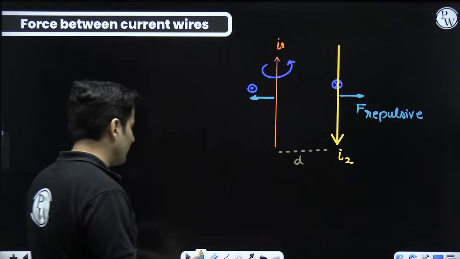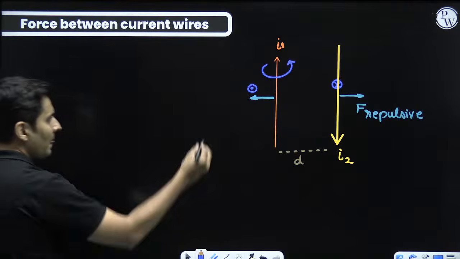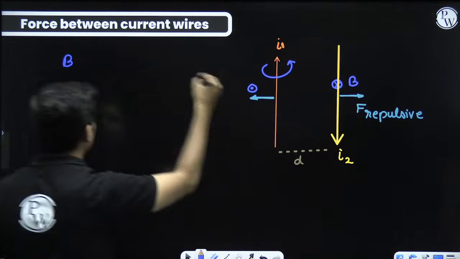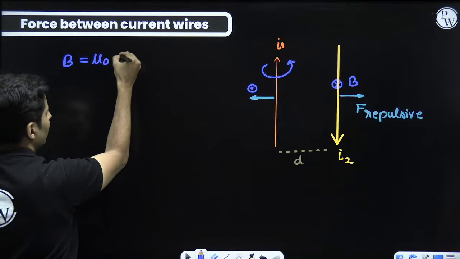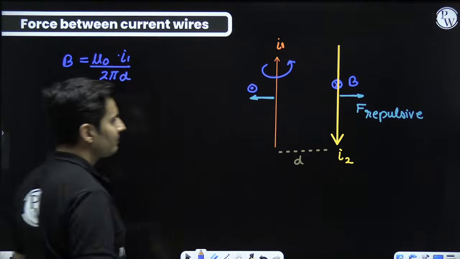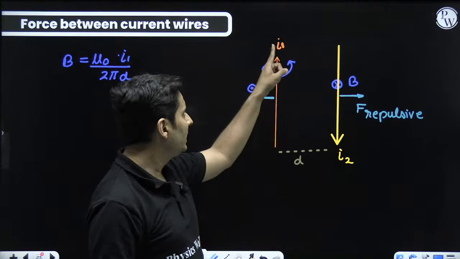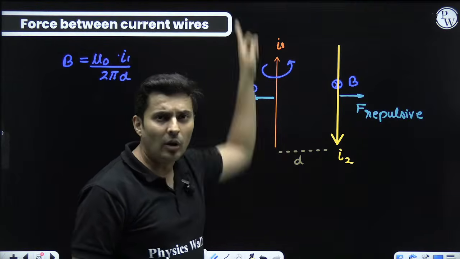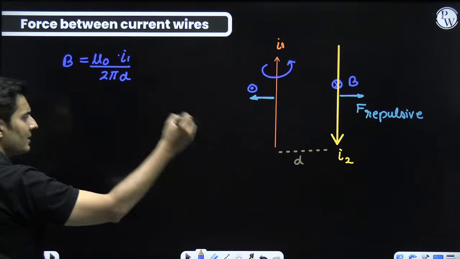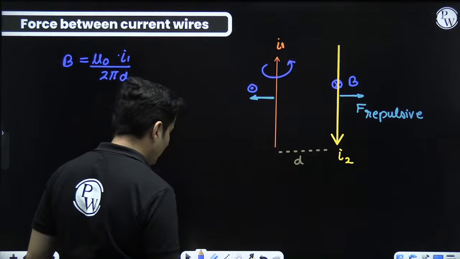How much is this value? It's not difficult to find out. So if you figure out first how much is the magnetic field at this location, it will be mu naught into current divided by 2 pi into d. Distance I know, current I know. At this point, long wire, it is mu naught I by 2 pi r. R is d, current is I1.